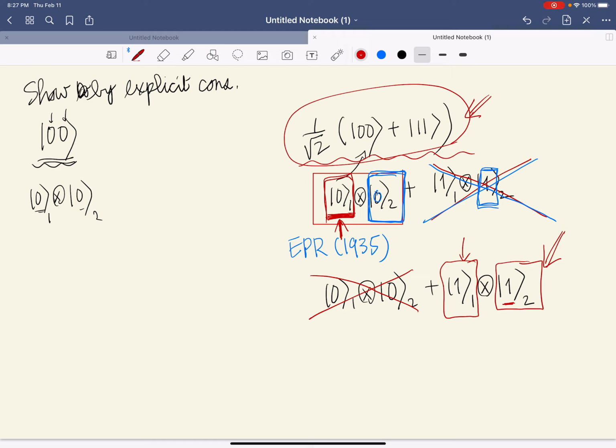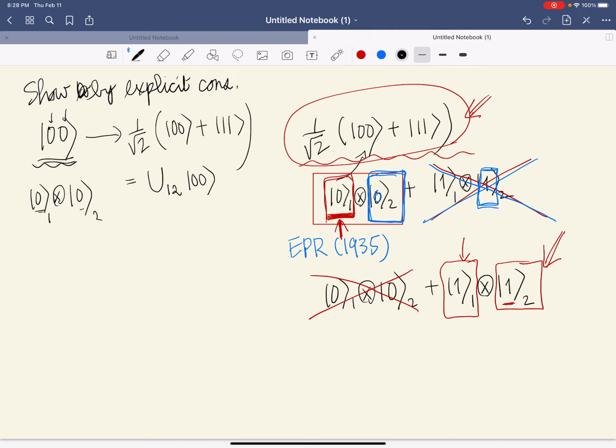Okay, so now we want to see if this unentangled state, which is a product state, can somehow be evolved into an entangled state like that, through some sort of unitary operation which acts on the 0, 0 state. So first of all, I'm gonna turn this problem into some sort of a linear algebra problem.